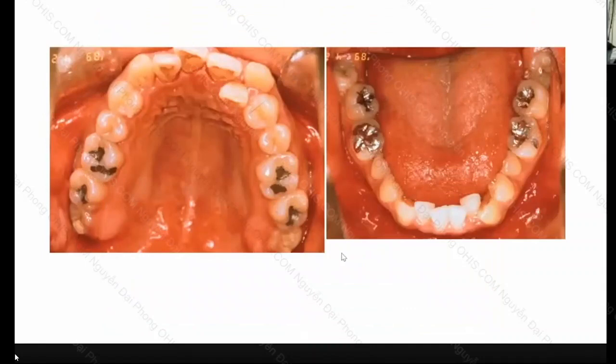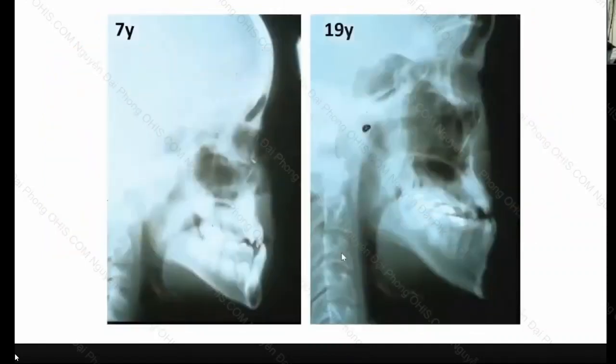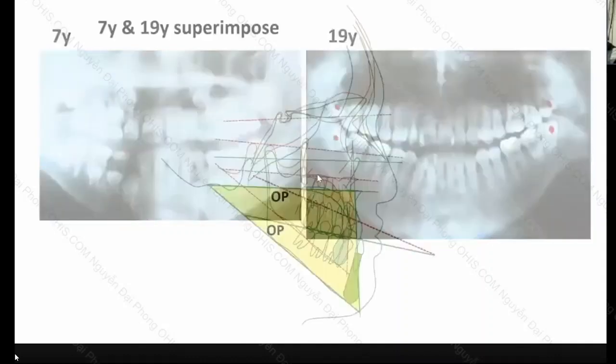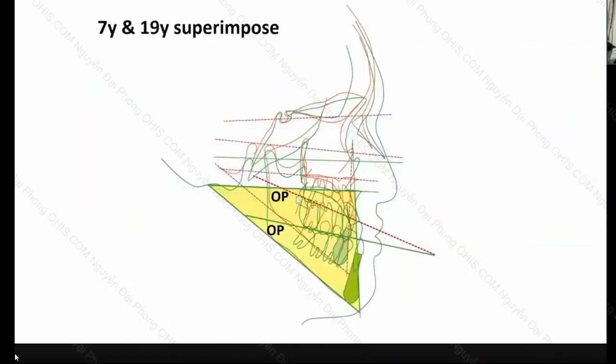Okay, this is the cephalogram at 7 years old and 19 years old. Here also the posterior discrepancy, the superimposition here, so much change in the occlusal plane, the posterior part down, then the occlusal plane is very flat.